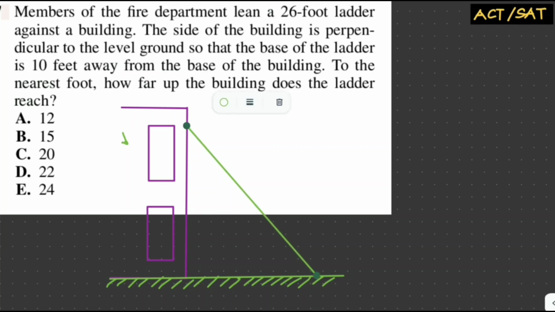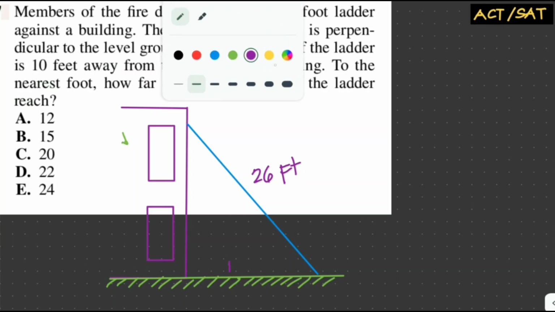That leans against the building. It says that the length of the ladder is just 26 feet, and the distance from the base of the ladder to the base of the building is 10 feet.